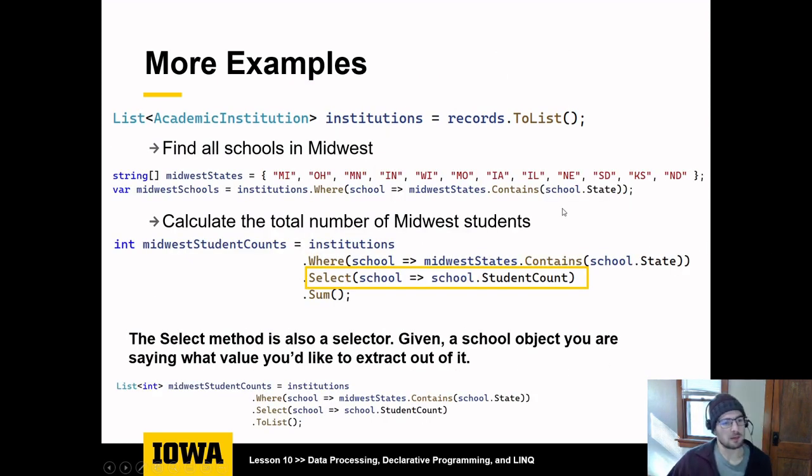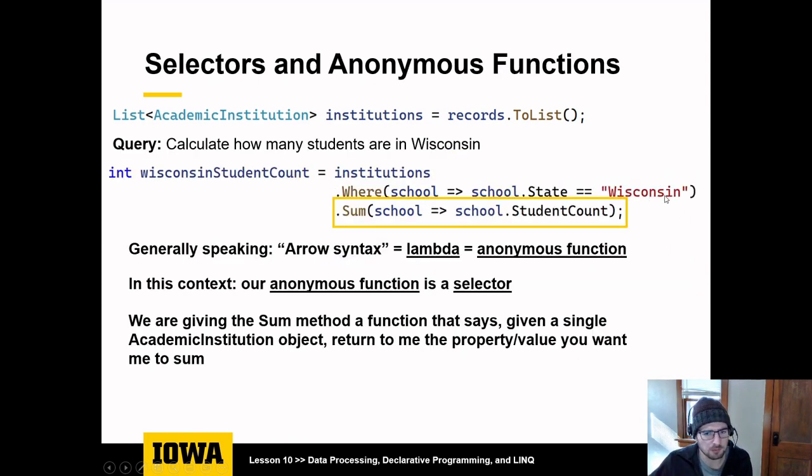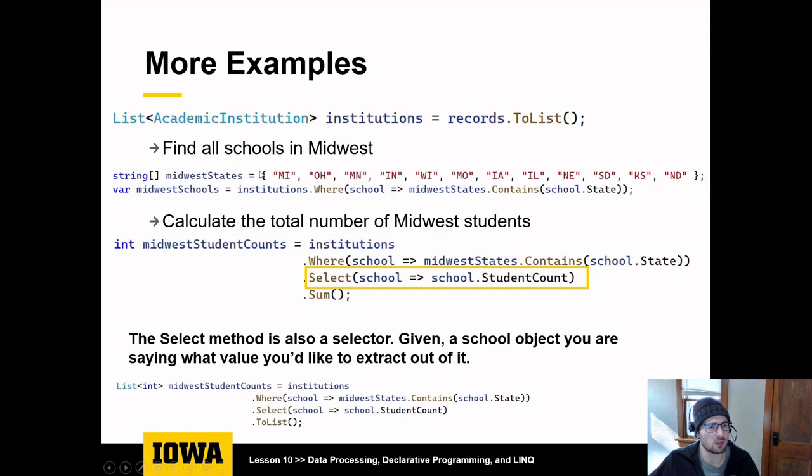Okay, a few more examples here. Here we have a similar thing to the previous example. Say we want to determine all the institutions that are in the Midwest. Well, we can create a list of the states in the Midwest. Here we're using abbreviations, whereas before we were using full names.